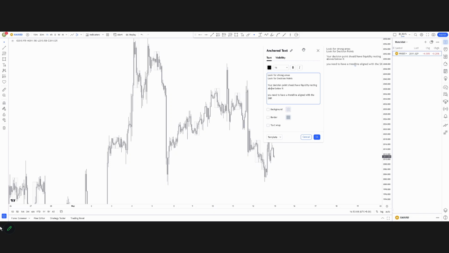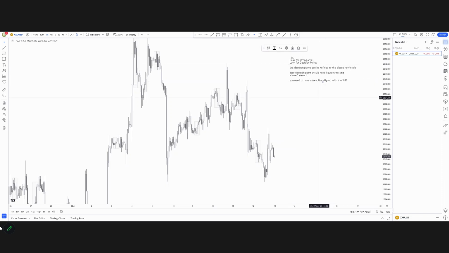And decision points can be refined to the classic SSIC classic key levels. Okay. So that's the point.